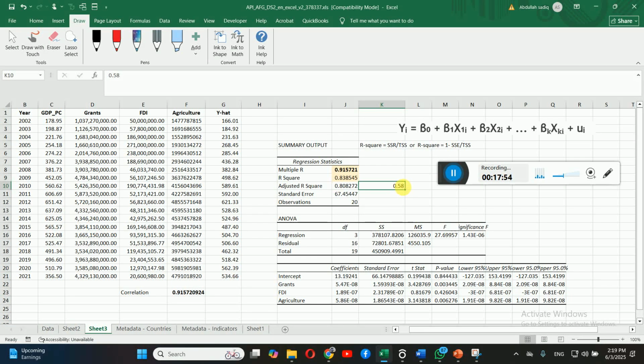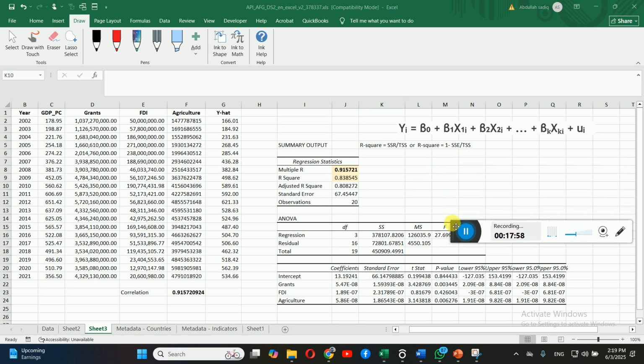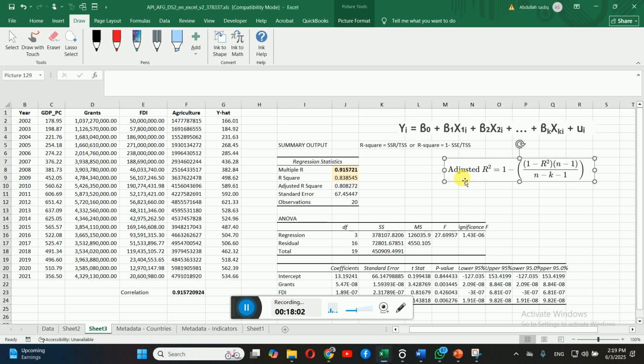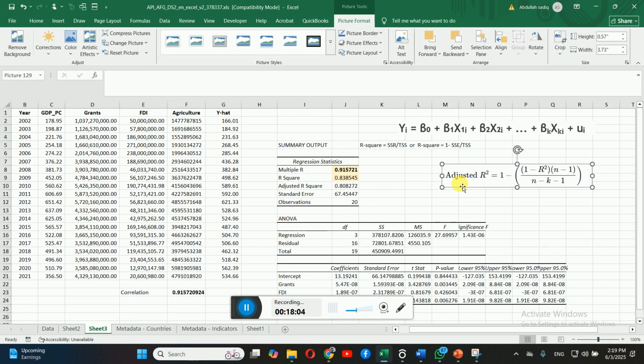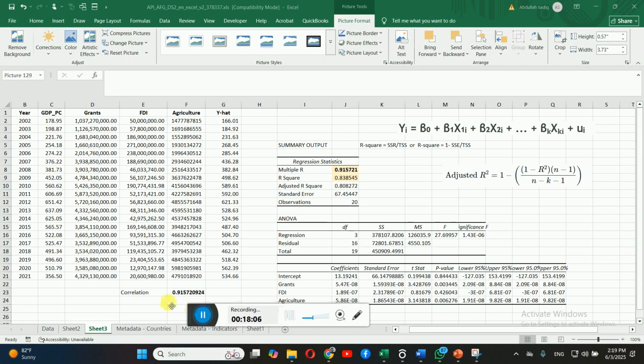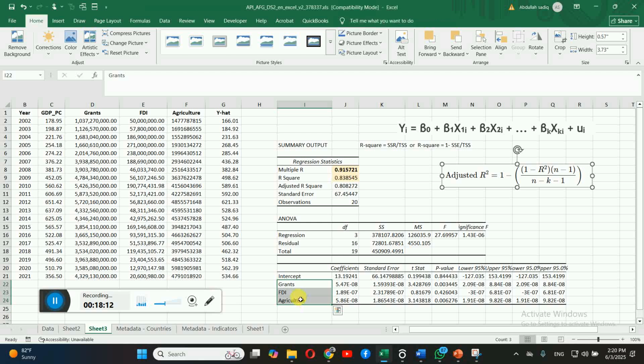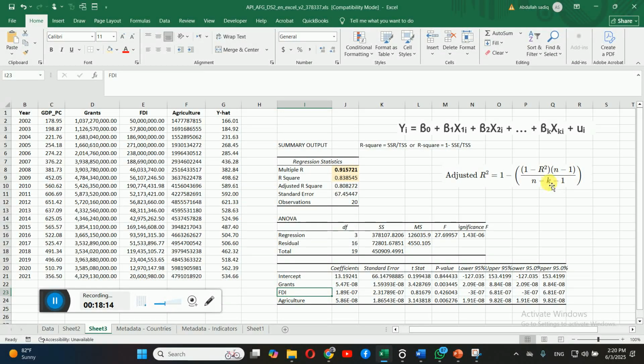Now I am practically showing you how this adjusted R square function works. Look, dear students, this is the formula of adjusted R square. Once again, I'm repeating what I have already explained: if we are incorporating new variables, the k here indicates the number of independent variables. So we have three independent variables.